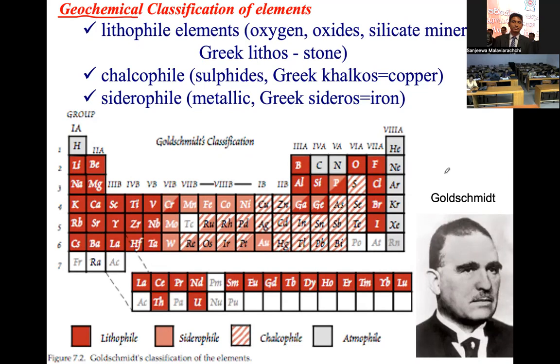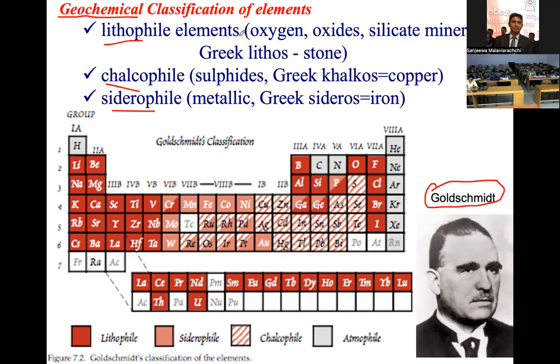Okay, so this classification was first proposed by Goldschmidt, right? So therefore we call it Goldschmidt's classification of elements, right? There we have categorization as lithophile elements, chalcophile elements, and siderophile elements, right? These are the main three categories.